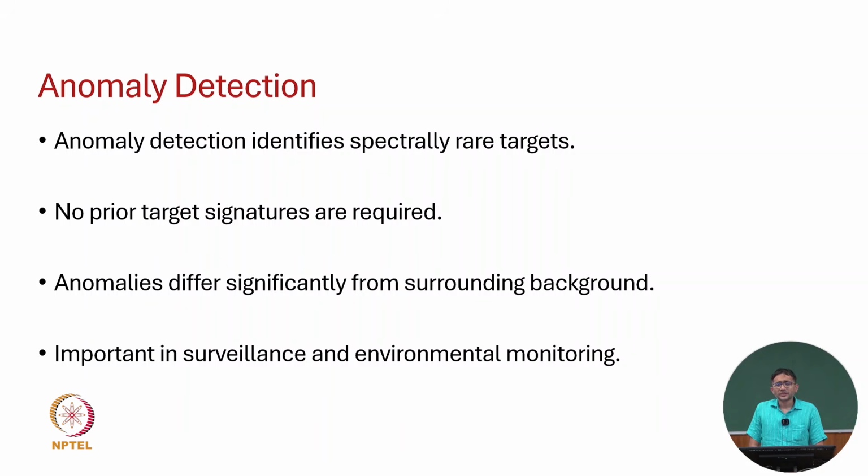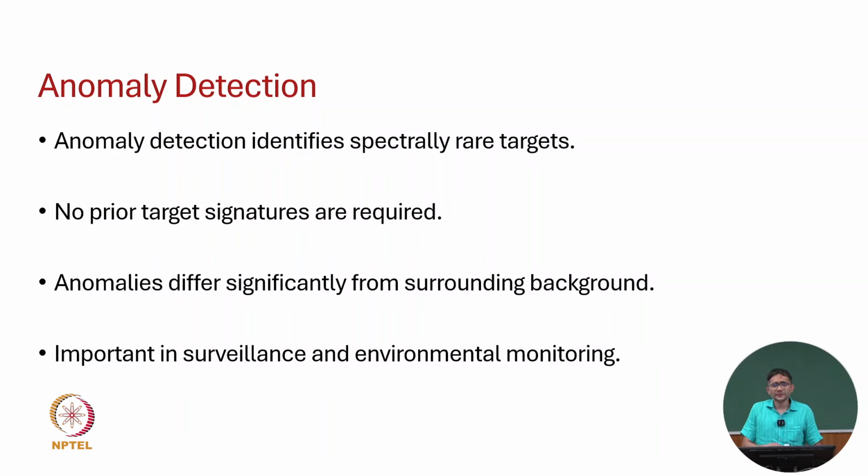So anomaly detection here identifies the spectrally rare targets, and the assumption is that no prior target signature is available or is to be used. If there is a prior target signature available, then it rather becomes a target identification task.